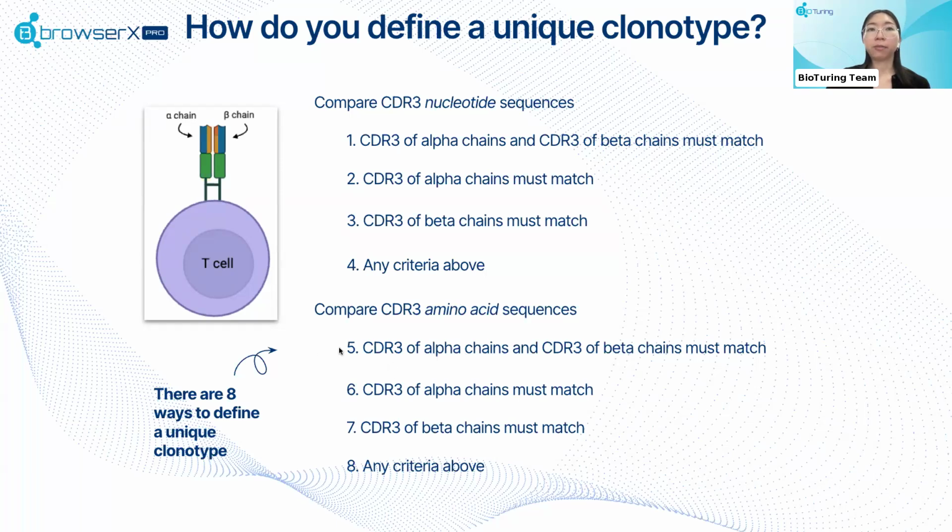Typically, when I analyze TCR sequencing data, I will choose this fifth option here, where the alpha chains and the beta chains of a T cell must match in order to be considered the same clonotype. Because typically if a T cell receptor has the same alpha and beta chains, then that makes it a functional T cell receptor, right?